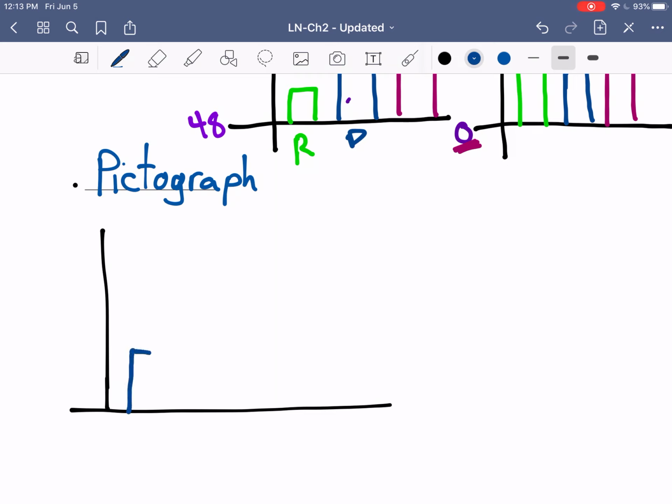So here is my 1. I'm going to make that a 3-dimensional cube just so it looks kind of pretty. All right, so that's representing 1. And then I also want to represent something with 2.